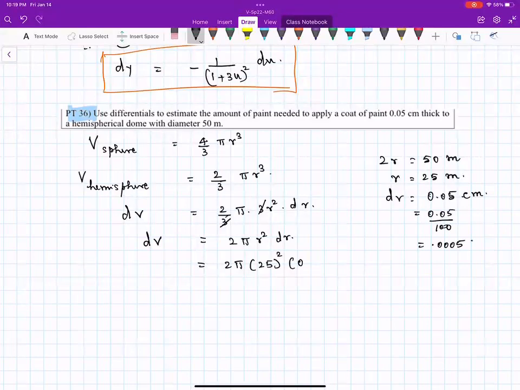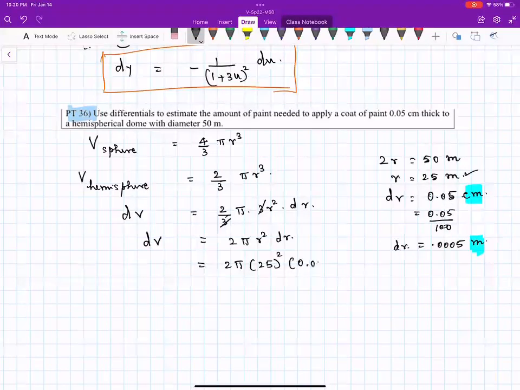That will be the dr here in terms of meters. That is important here. We're converting centimeters to meters because the other unit is in meters. 25, the radius, is in meters.